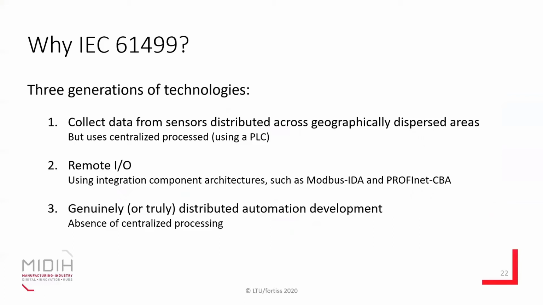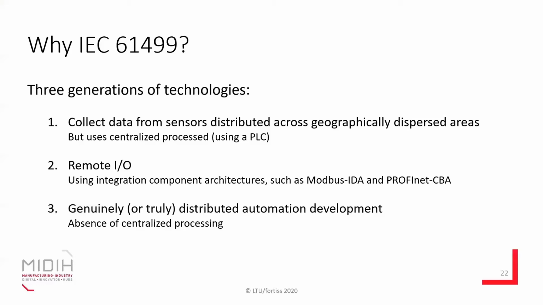So why do we use this? The key word in the standard is distributed. The term distributed automation has been applied to three generations of technology. The first generation was distributed sensor data acquisition, where the sensors are geographically spread out, but the processing is still happening on a centralized PC, referred to as a PLC.